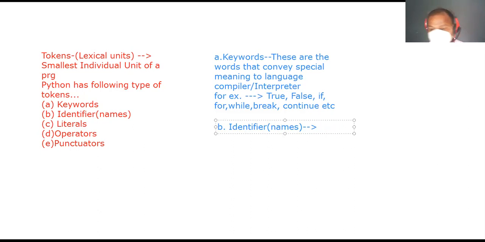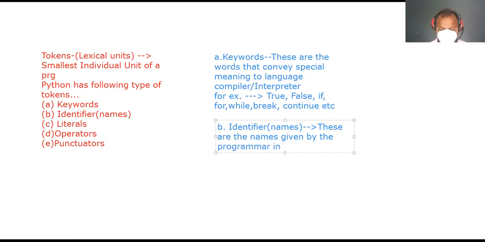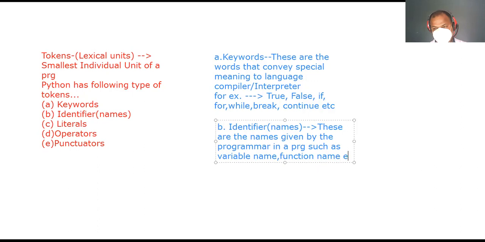Identifier: these are the names given by the programmer in a program, such as a variable name, function name, etc. We will see in detail later on.